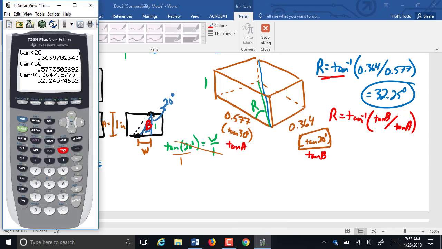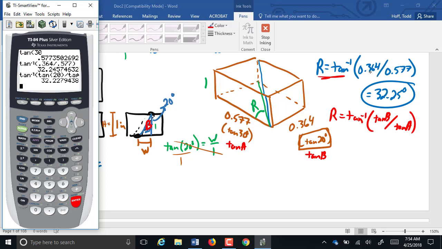So inverse tangent of the tangent of 20 divided by the tangent of 30, and we get 32.23. This is technically more precise because there's no round offs in it. You know, the 0.577 and the 0.364 were round off.